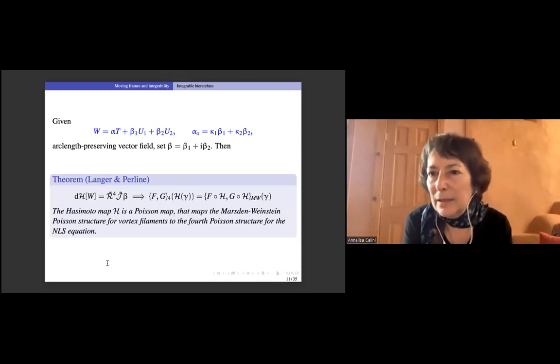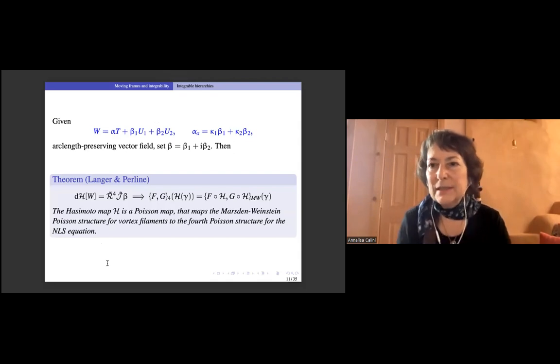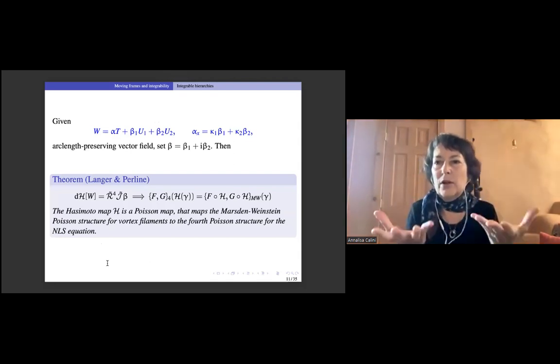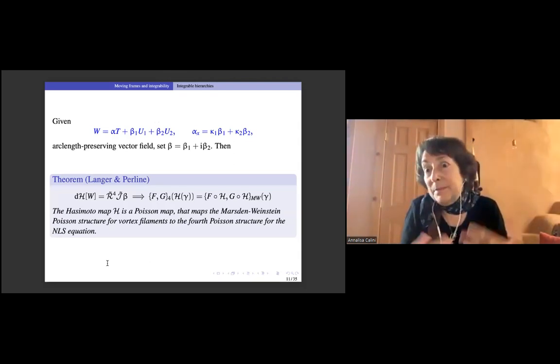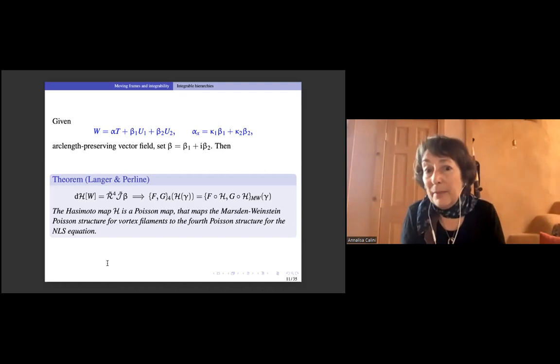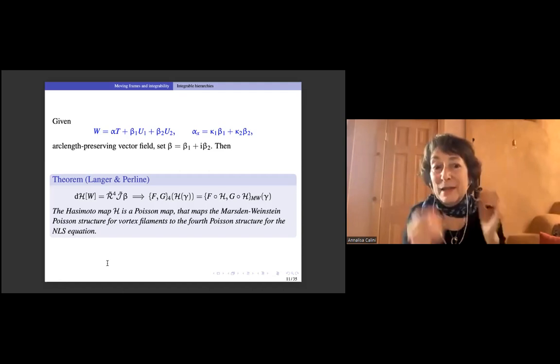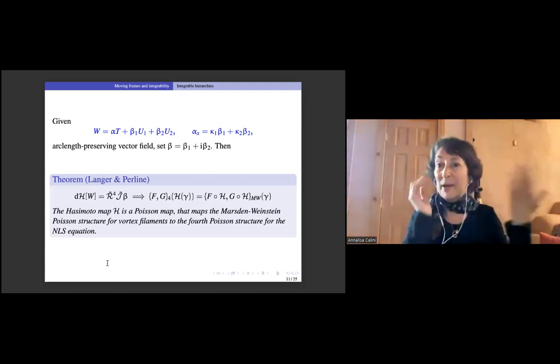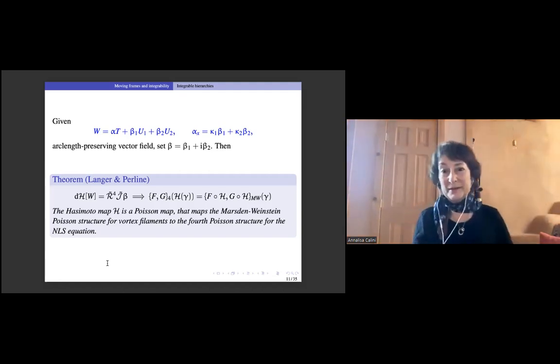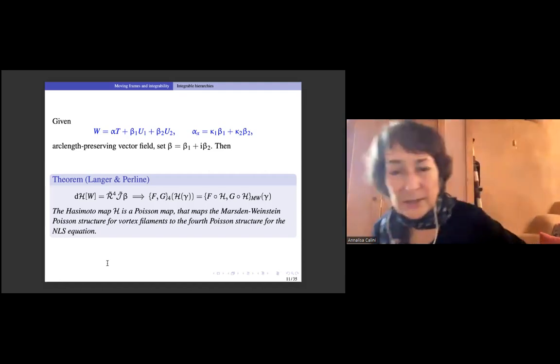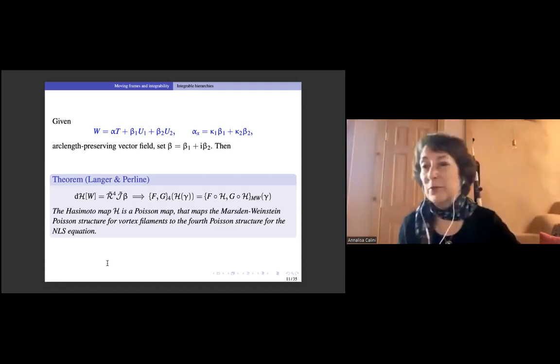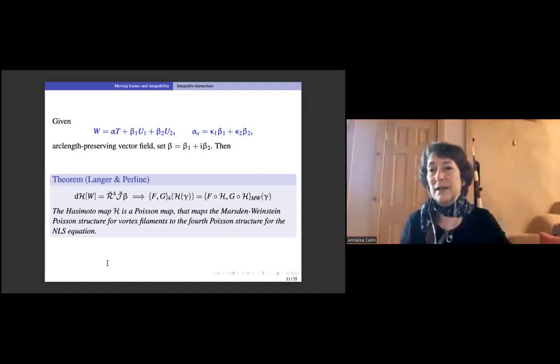And that allowed them to essentially find an equivalence at the Poisson level between the VFE and the NLS, which can be summarized by saying that the Hasimoto map is a Poisson map that maps the Marsden-Weinstein Poisson structure for vortex filament, which came quite a few years before the paper by Ron and Joel, to the fourth Poisson structure for the NLS equation. So there is a shift in structure, but that shows the deep equivalence of the two equations.